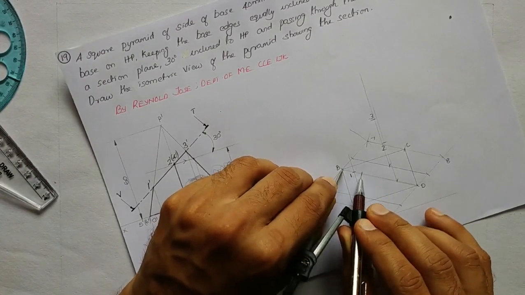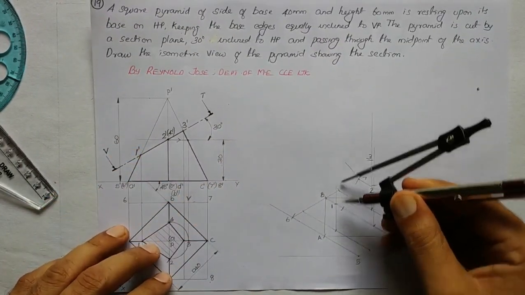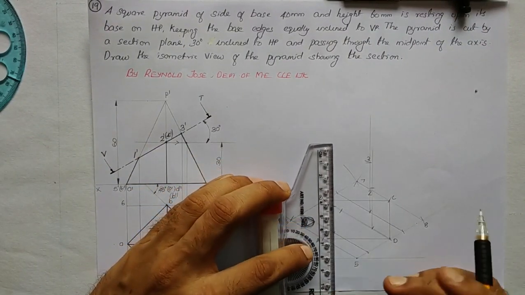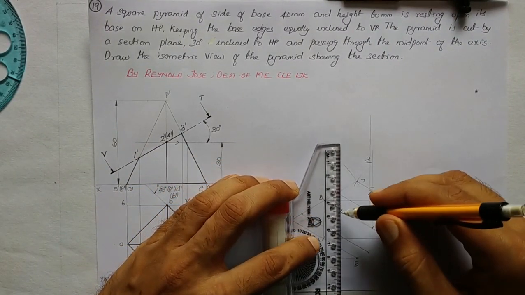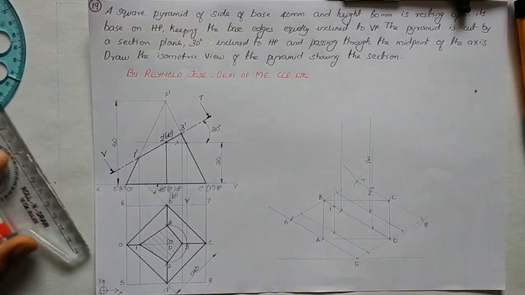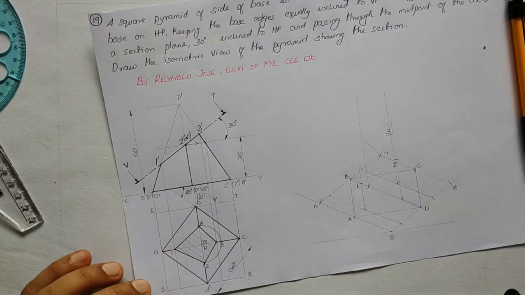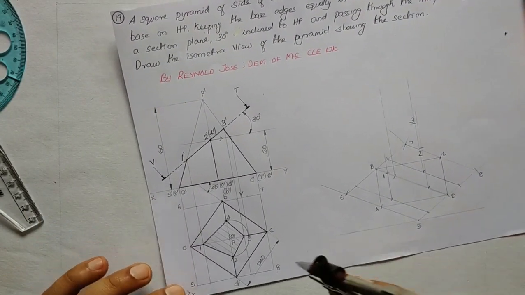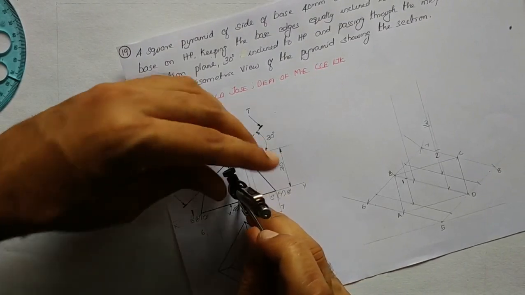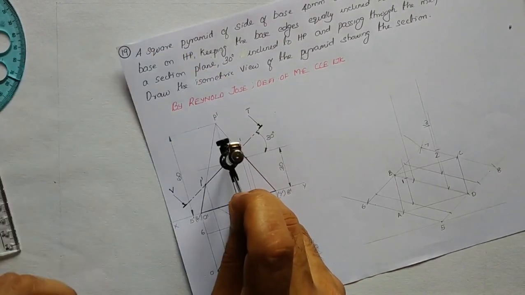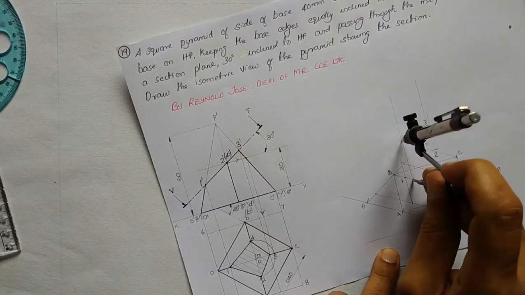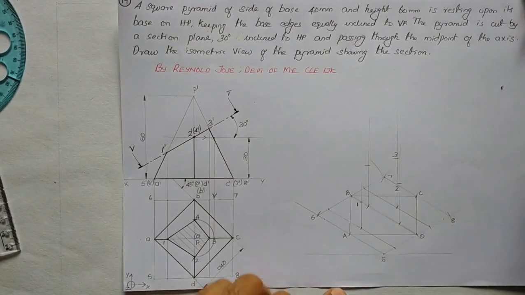We shall mark a point here, and from this point we shall draw a vertical line. Now let us take the height of 4 with respect to the base with the help of compass, and cut it on this vertical line. So this point will be point 4.